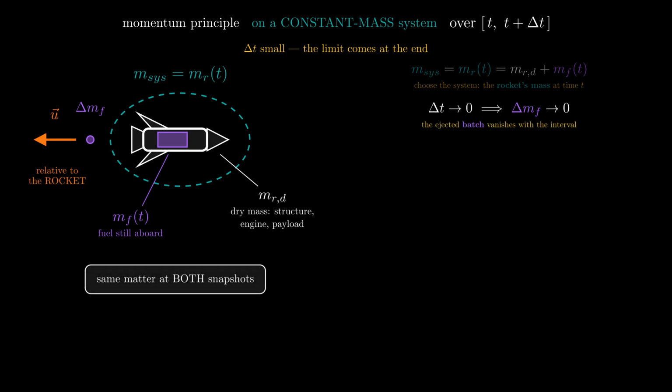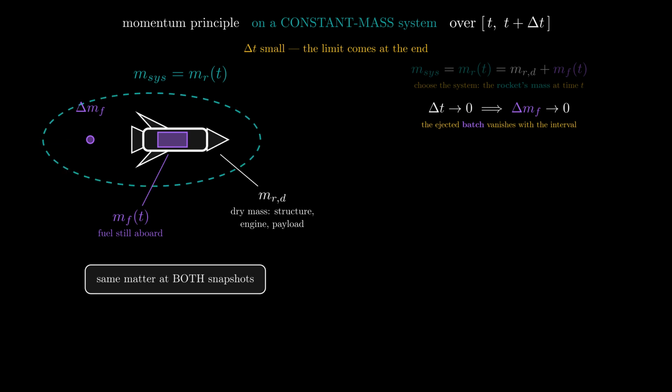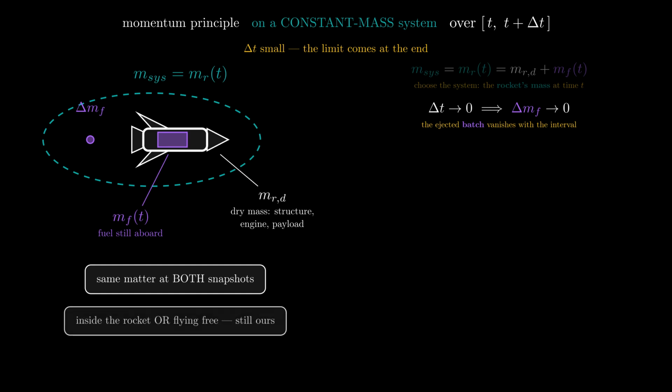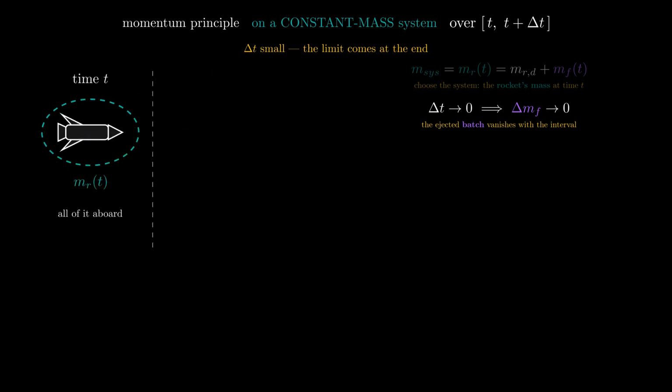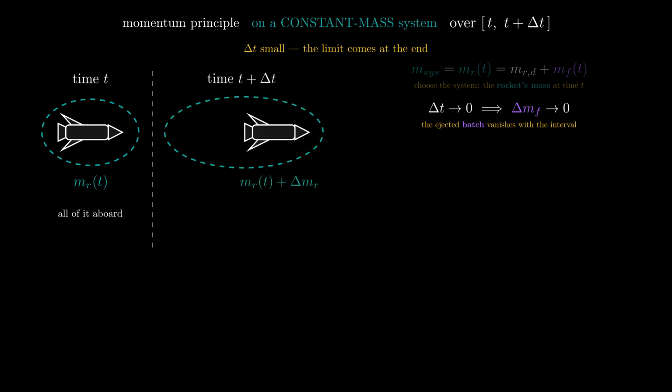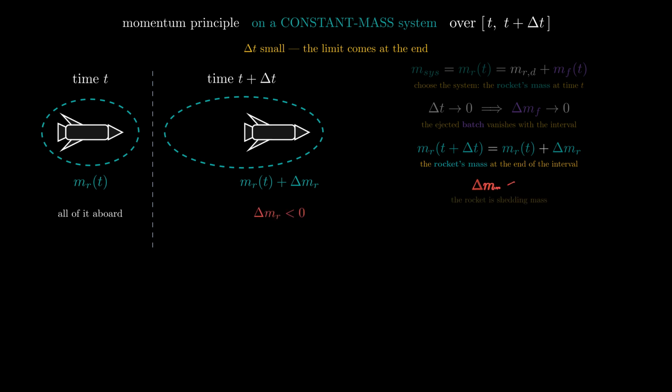The rule from 3 videos back applies word for word. The system is the same collection of matter at both snapshots, wherever that matter ends up. At time t plus delta t, that matter sits in two places. The rocket now has mass m sub r of t plus delta t, which we write as m sub r of t plus delta m sub r. And since the rocket is losing mass, delta m sub r is negative.